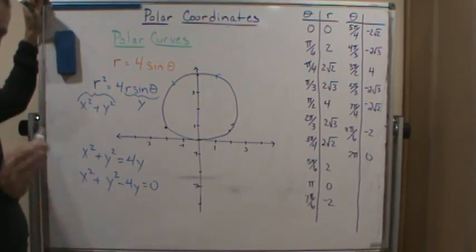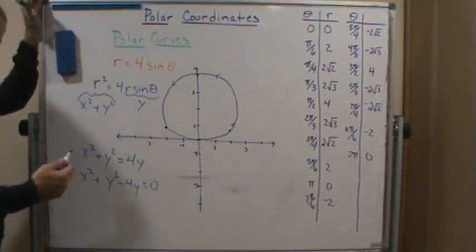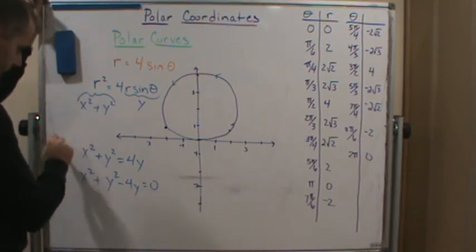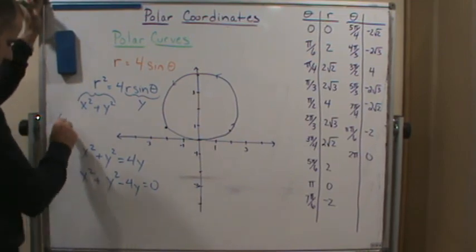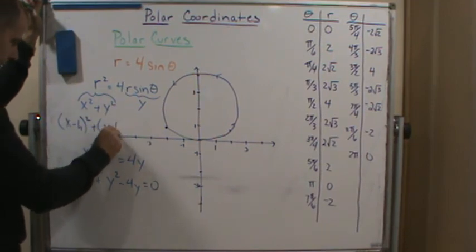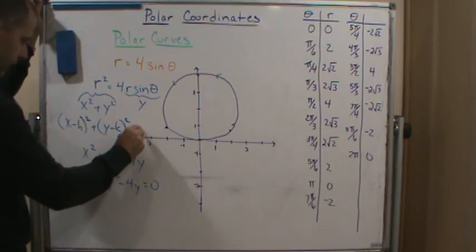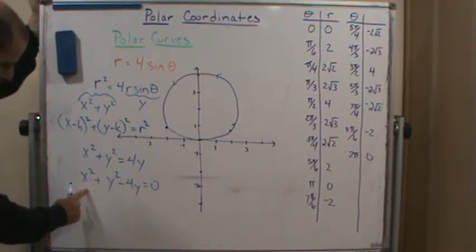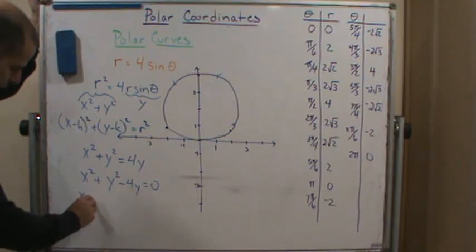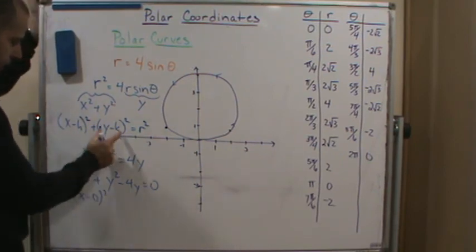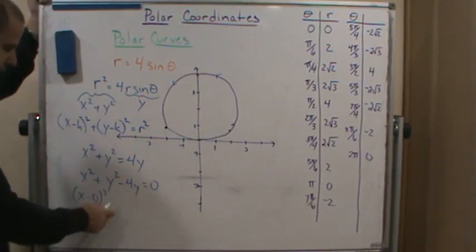Remember, the center radius form of a circle, or standard form, is always x minus h squared plus y minus k squared equals r squared. This side is okay, you could write it as x minus 0 squared. But here, we need to put it in this form, so we have to complete the square.